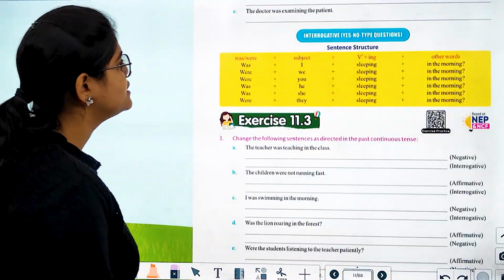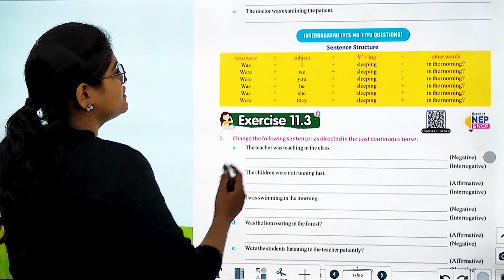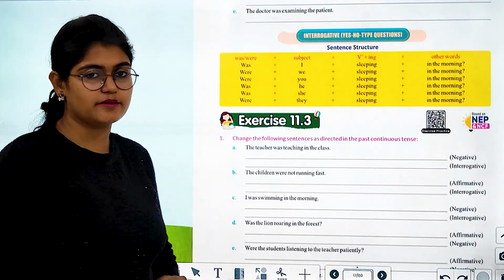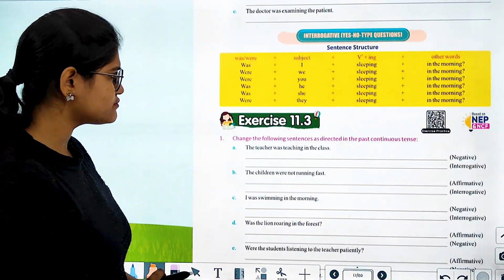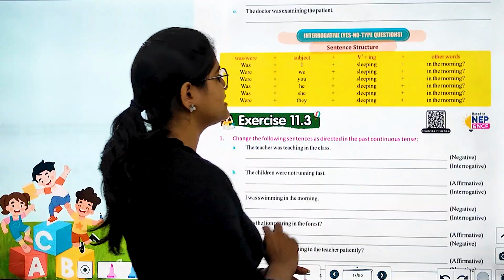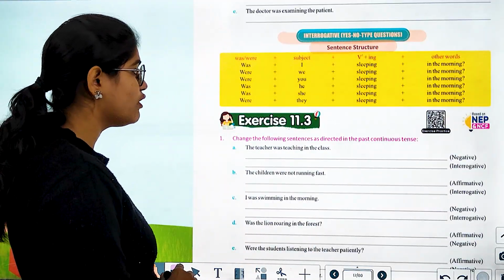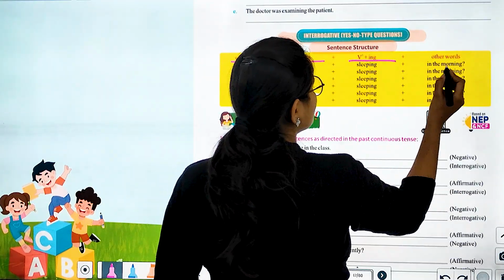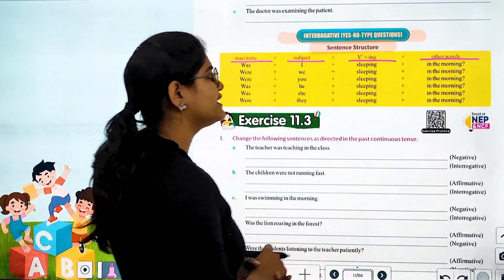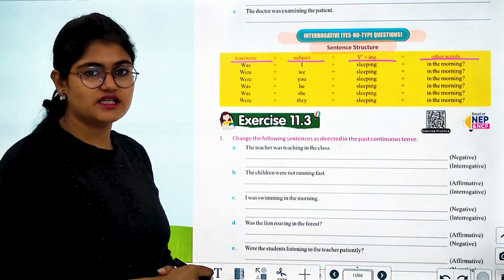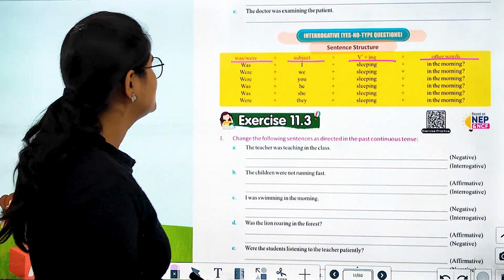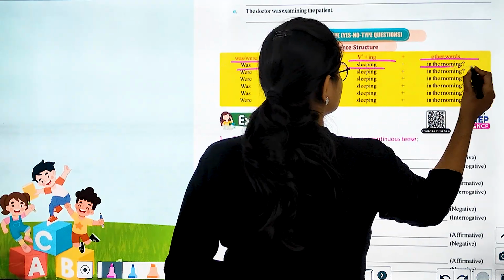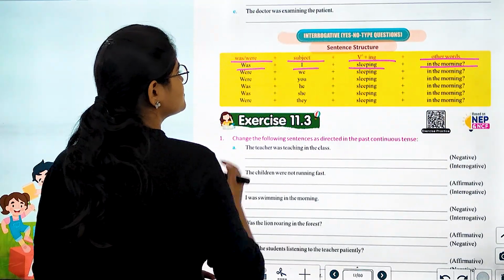Moving ahead. Next, we have the interrogative types, yes or no type questions, right? Let's have a look on their sentence structure now, that how they are formed. Was/were plus subject plus verb ka first form with ing plus the other words, right? So they say, was I sleeping in the morning?